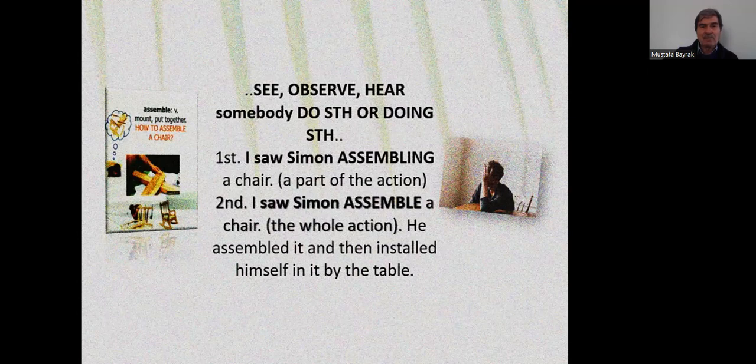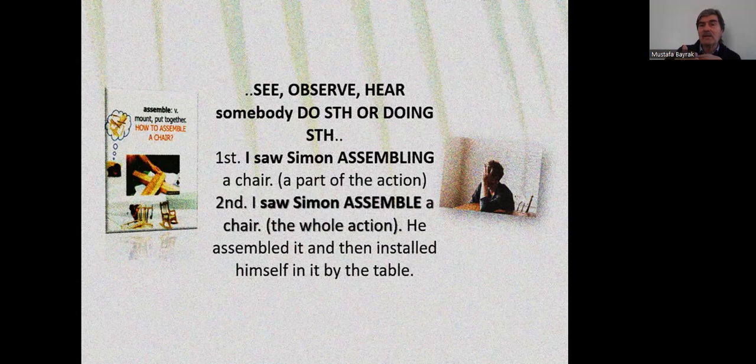Okay. Now the first sentence, I saw Simon assembling a chair, means I saw, I observed, I witnessed a part of the action. Okay. I didn't see the complete action from the beginning to the end. Okay.